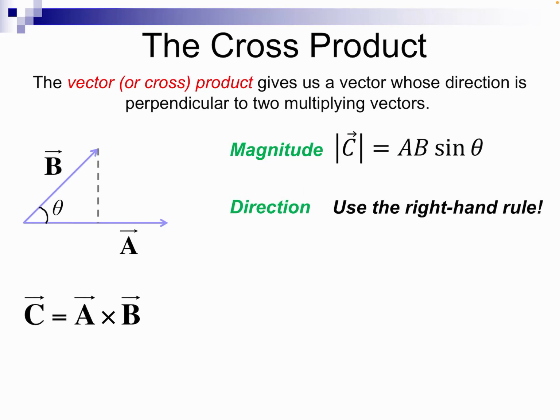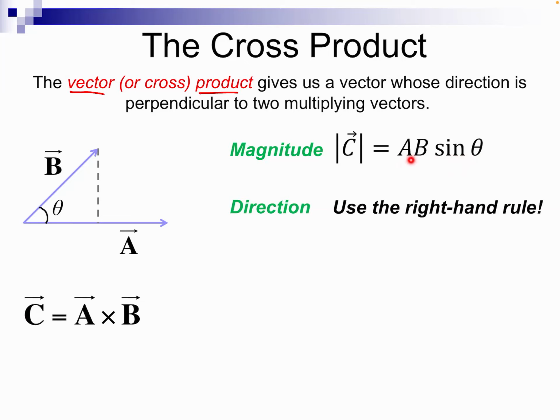But in general terms, if you get the cross product between vectors A and B, the resulting vector C will also be a vector. That's why it's also called a vector product. To find the magnitude of the resulting vector C, it's defined by a sine theta function.